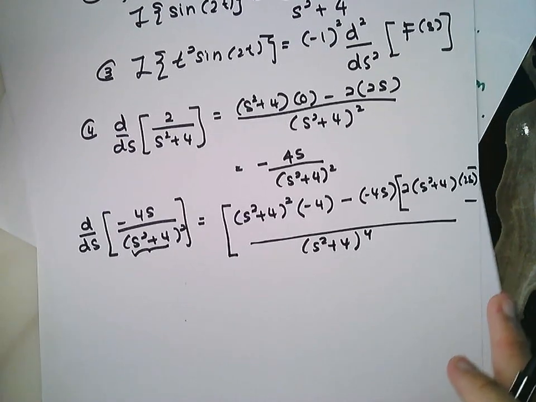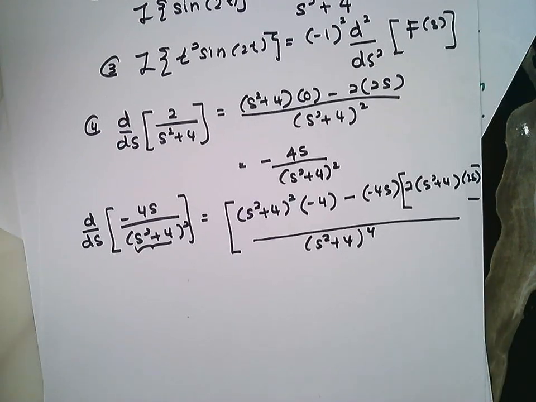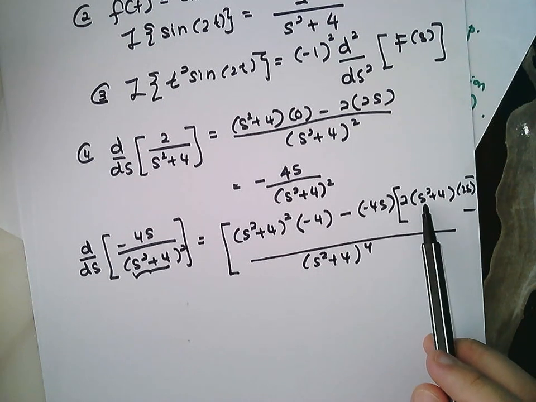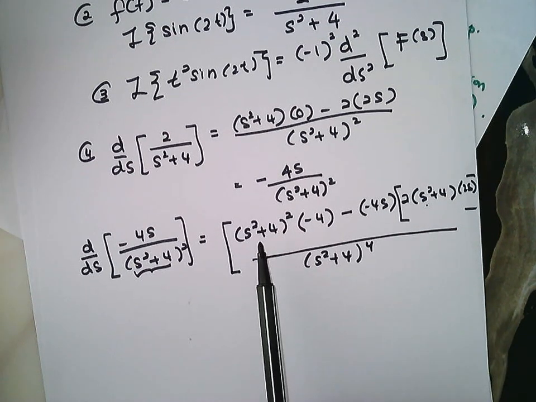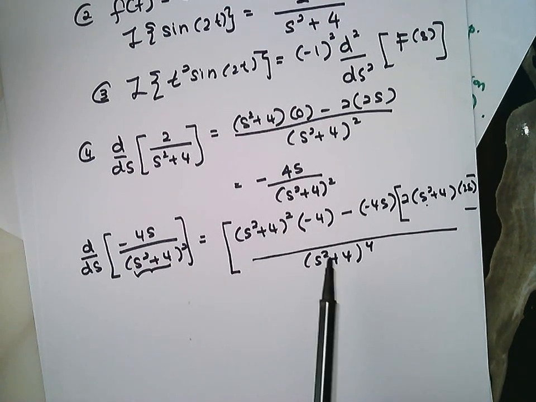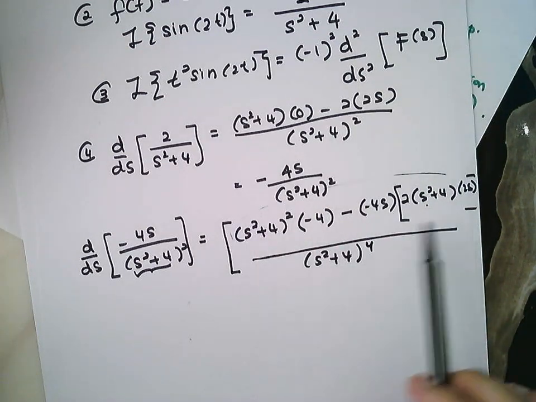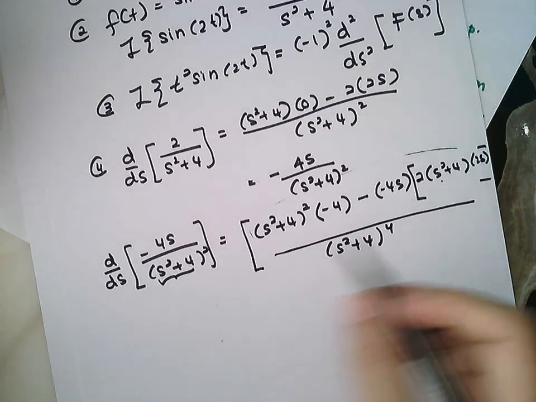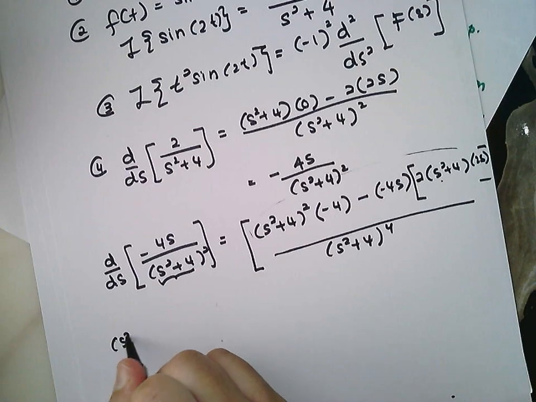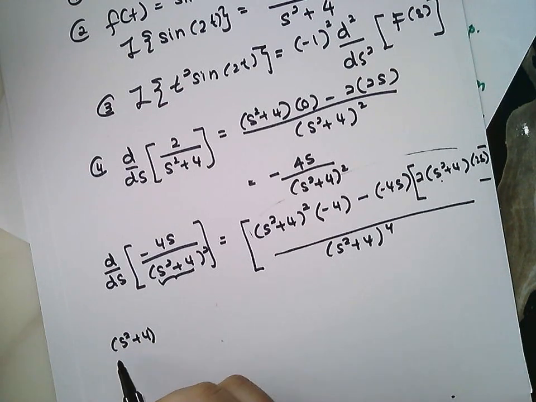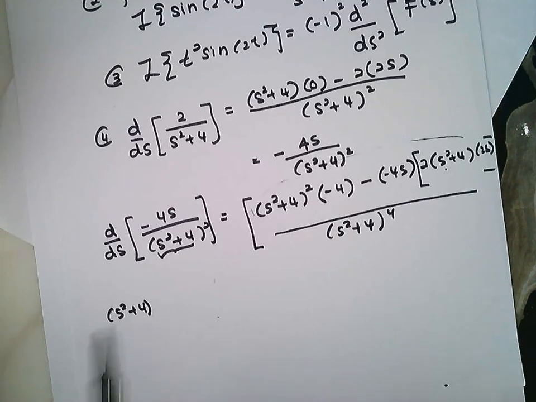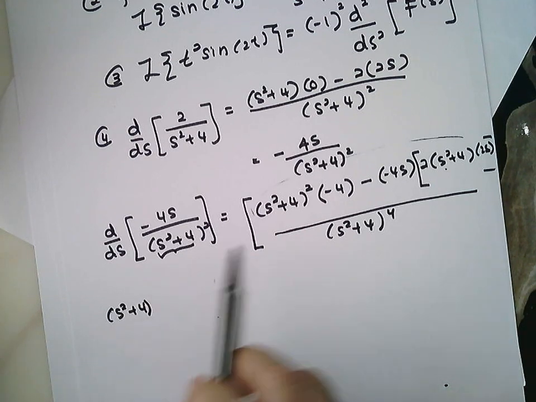Let's say I want to factorize the similar terms of the function. As you can see here, you have s squared plus 4, here you have s squared plus 4, and for the denominator you also have s squared plus 4. For the numerator part, I'm going to factorize s squared plus 4. Why am I choosing power 1, not squared?